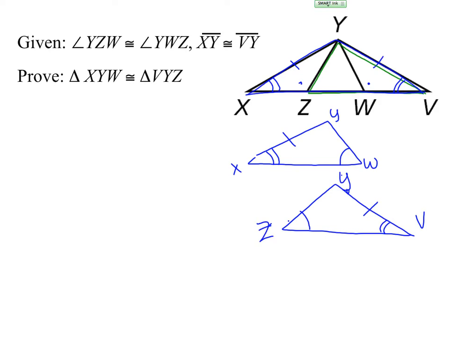Okay, so let's try and get the last part there. So what did we have? We had angle YXZ congruent to angle YVZ. I'm using the names from the triangles. What was our reason? What did Morgan read?